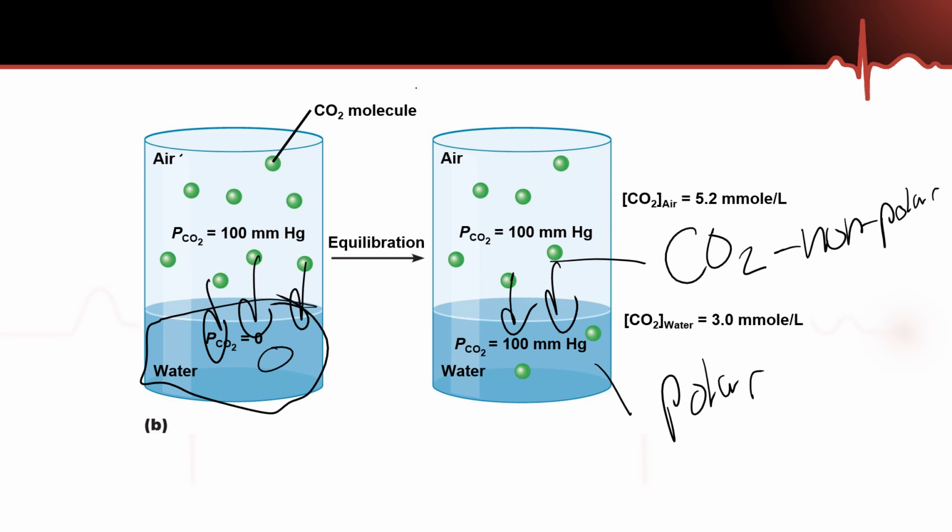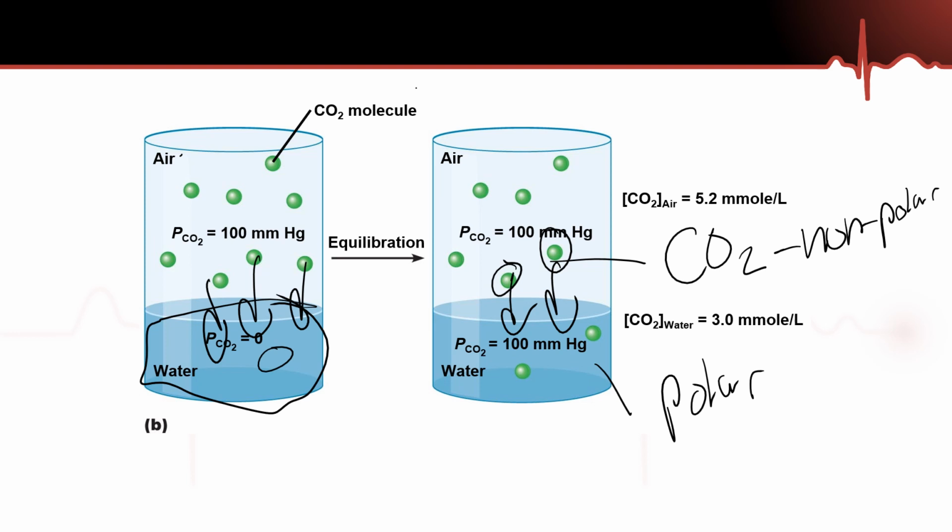It's going to move down its partial pressure gradient, but you don't actually need many carbon dioxide molecules to move from the air into the fluid to drive the partial pressure of carbon dioxide within the fluid up to 100. Carbon dioxide and water do not exist together very well. Okay, carbon dioxide is very nonpolar, water is very polar.